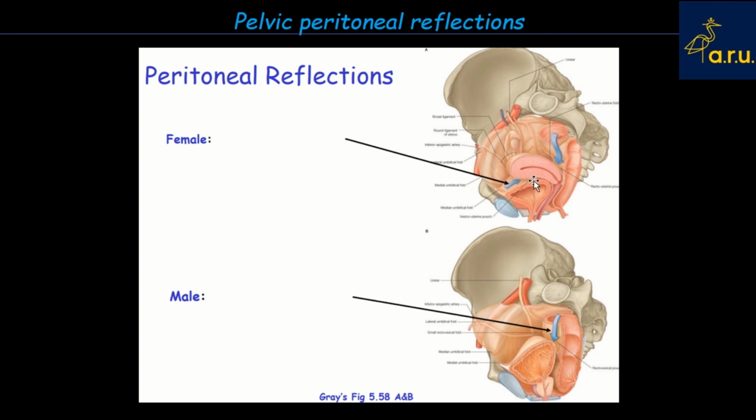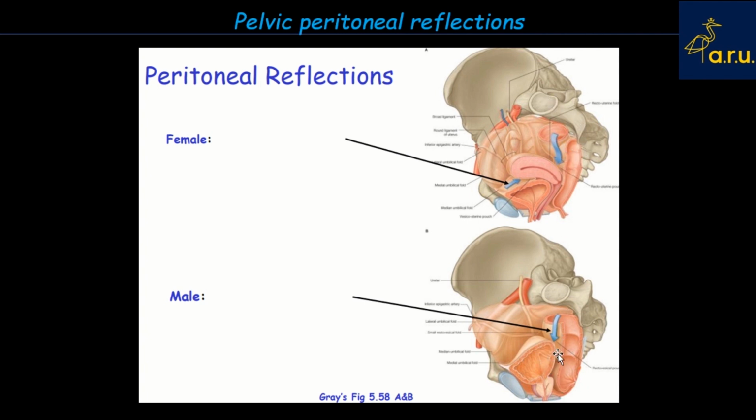It is a little bit shallower as compared to this second pouch over here, which is created by the reflection of peritoneum from the uterus onto the rectum, which is known as the recto-uterine pouch, also known as the recto-uterine pouch of Douglas. From here, the peritoneum then extends onto the posterior body wall and then continues as the parietal peritoneum.